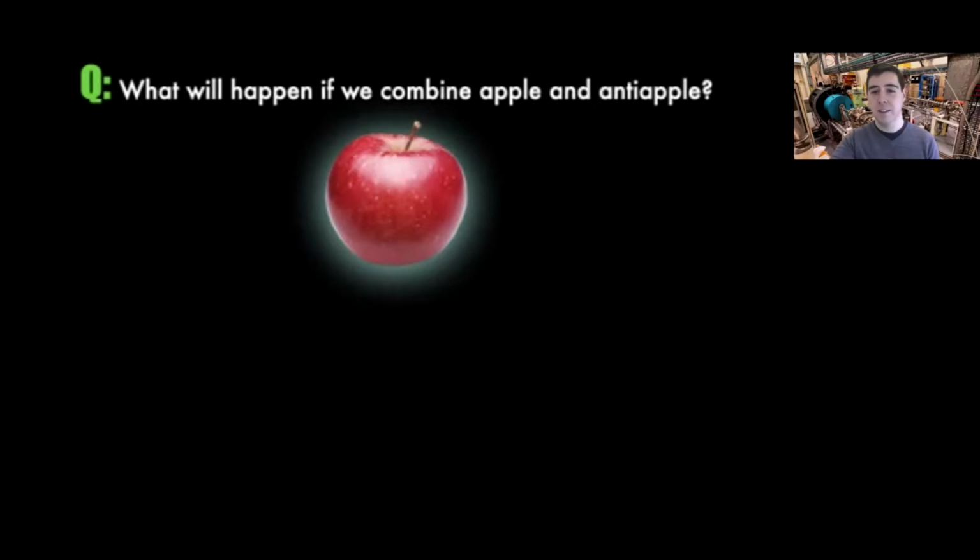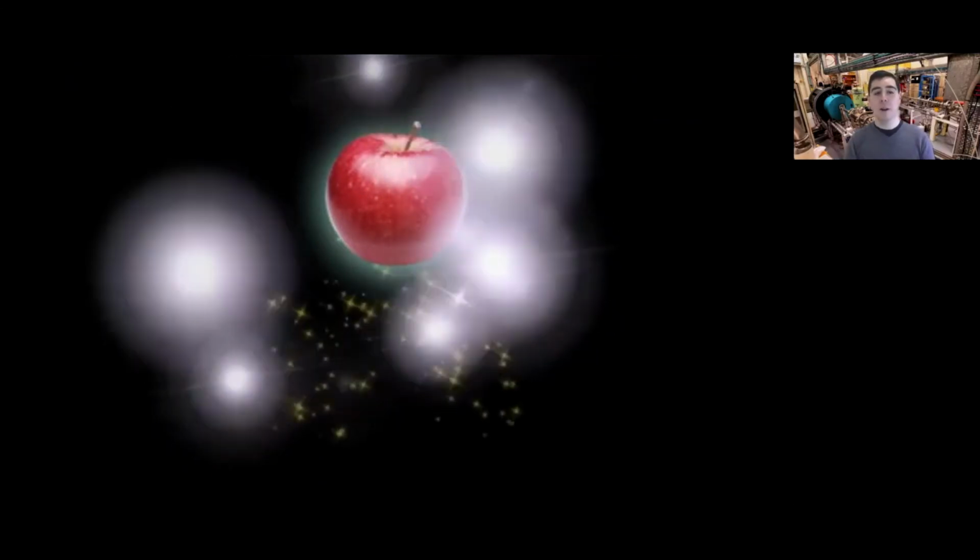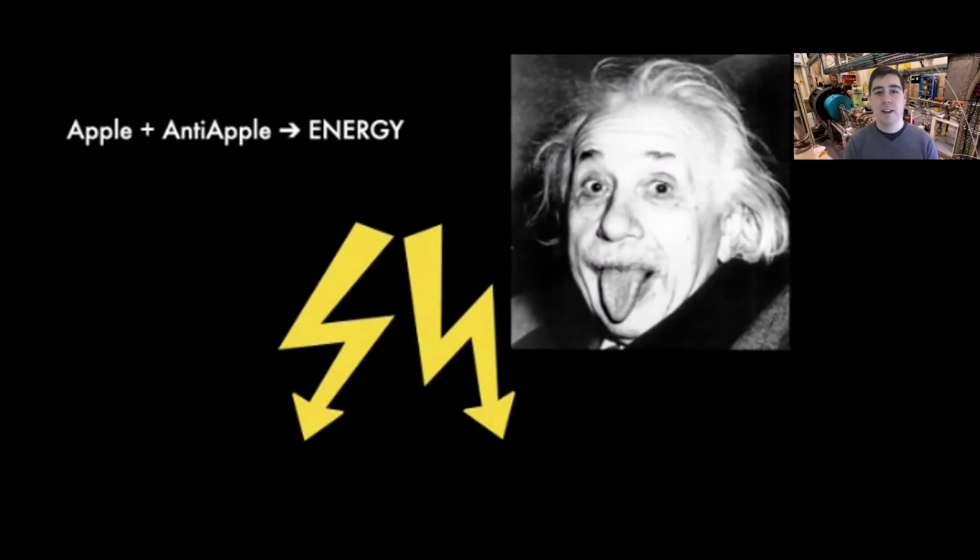So it turns out that when matter and antimatter meet, they annihilate each other, leaving no trace of either one. But this does release lots of energy in the form of light.